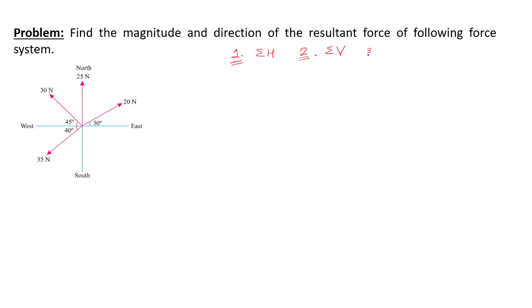In step third, we have to calculate the magnitude of resultant R, and finally we have to calculate the angle theta, the angle which the resultant is making with the horizontal.